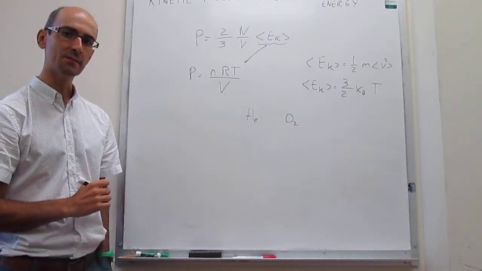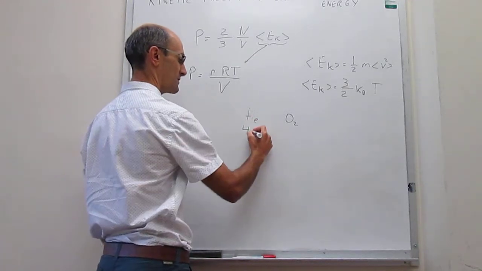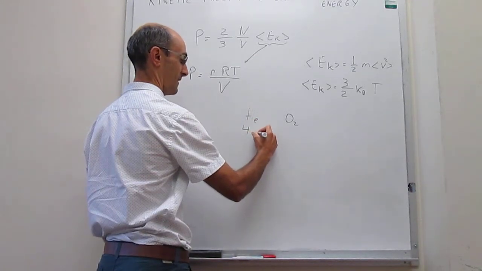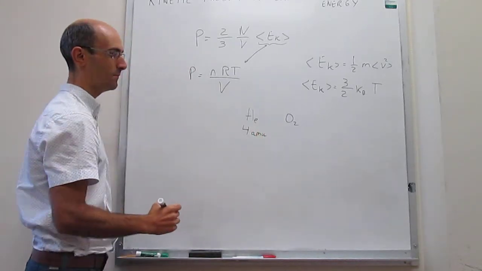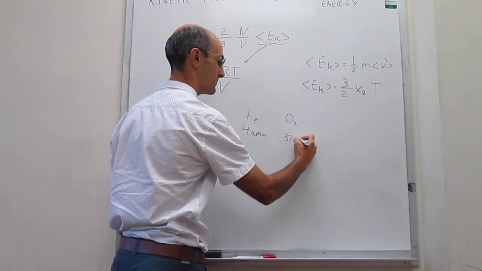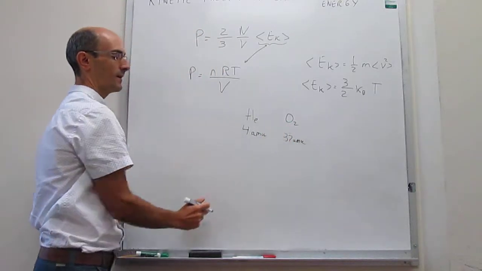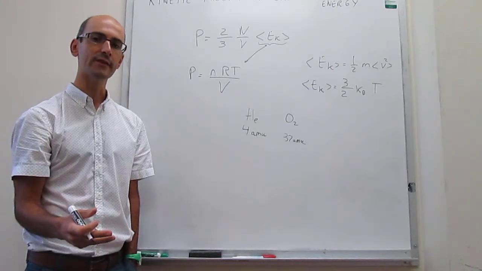Obviously, helium is much lighter than oxygen. When you look at the periodic table, the atomic mass of helium is 4 AMUs, but the molecular mass of oxygen is about 32 AMUs. So clearly oxygen is more massive than helium. It's actually 8 times heavier than helium.